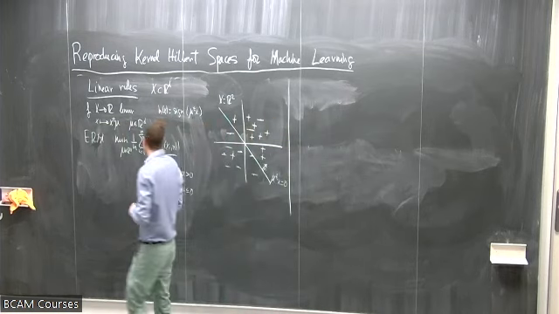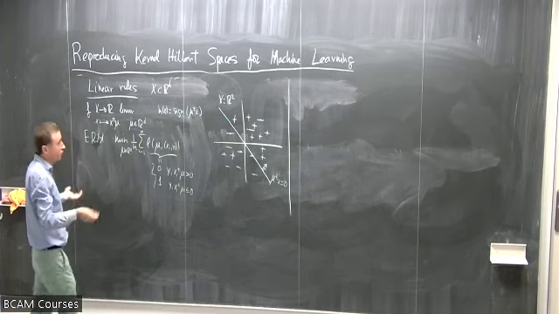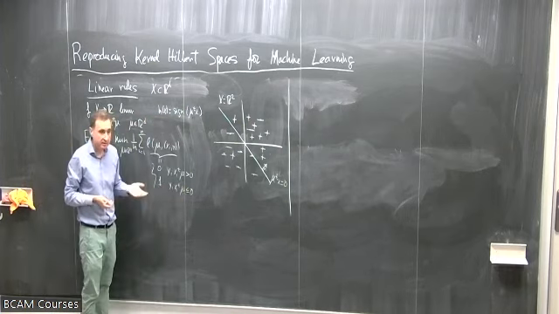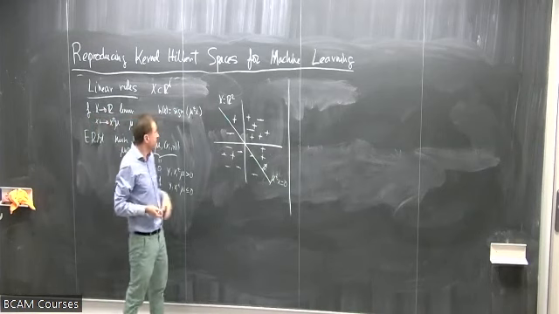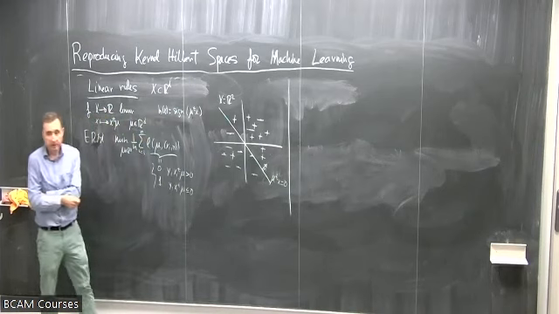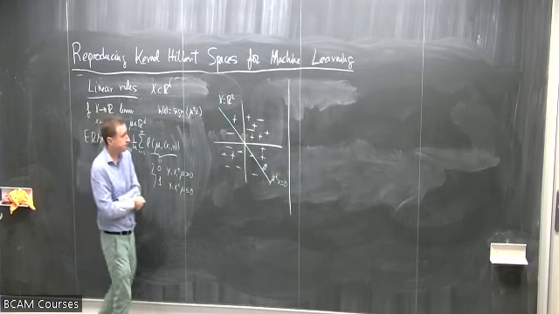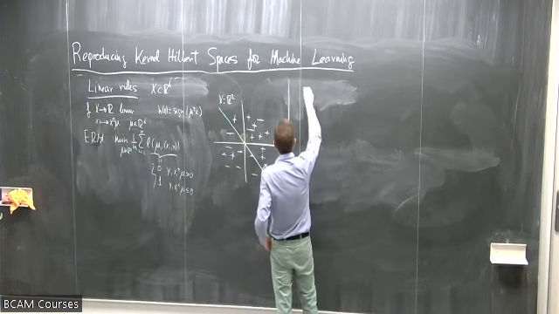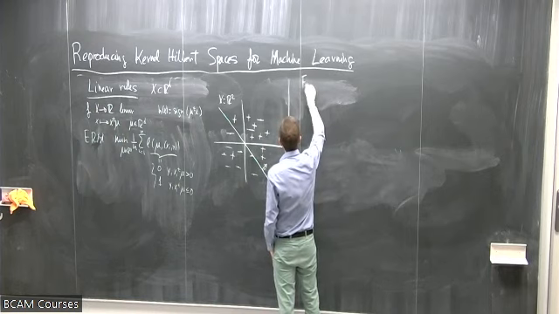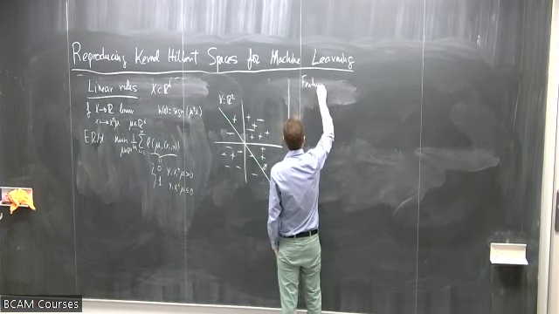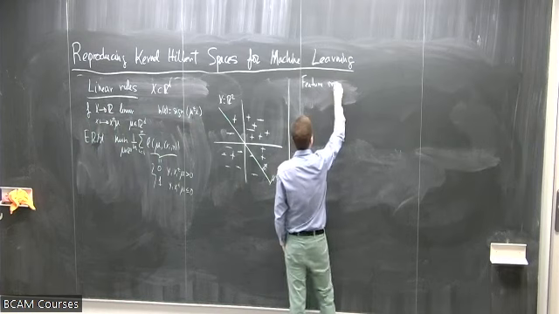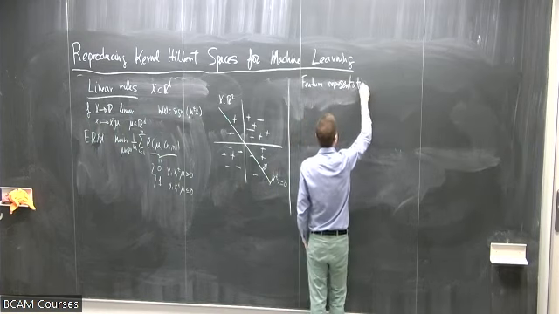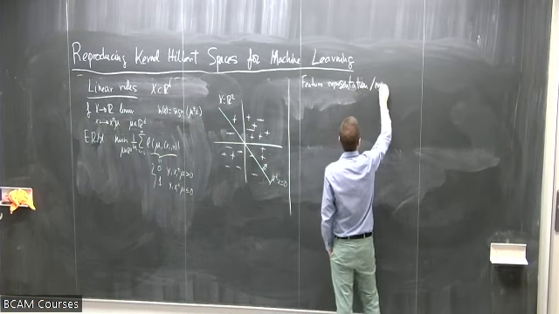So let's see how to make these things work better in practice, how to make these classification rules more expressive. We are going to do this using something we call a feature representation, or mapping.